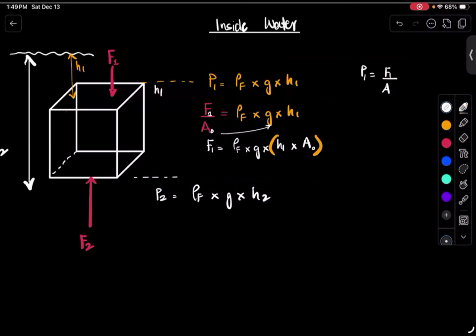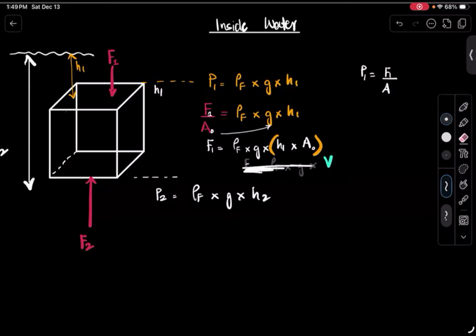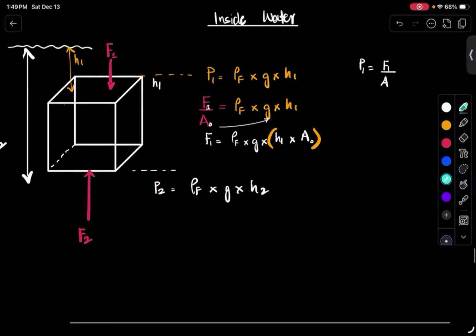So that means the top force is going to equal density of fluid multiplied by g multiplied by, sorry, volume. Okay. Now this is the volume. Oh, in fact, you know what? Let's skip this part right now. Okay, I'll get to that later on.